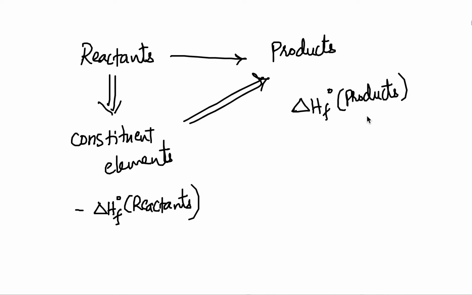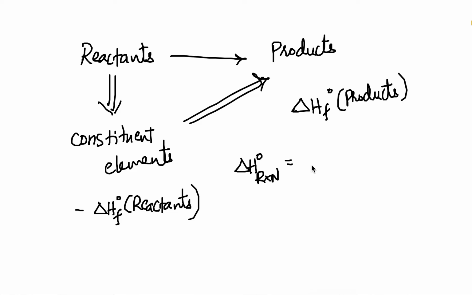Now let's add these two, because these are the two changes that happened in the overall process. Therefore, delta H naught reaction is equal to the breaking of reactants to their constituent elements and its enthalpy, plus the formation of products from those constituent elements, the enthalpy involved in that process. The sum of these two processes is known as delta H naught of reaction.